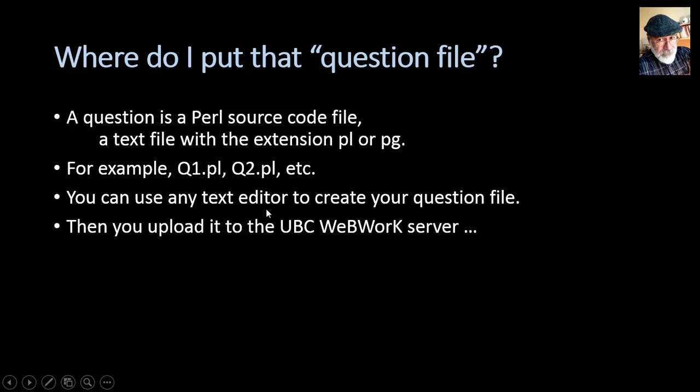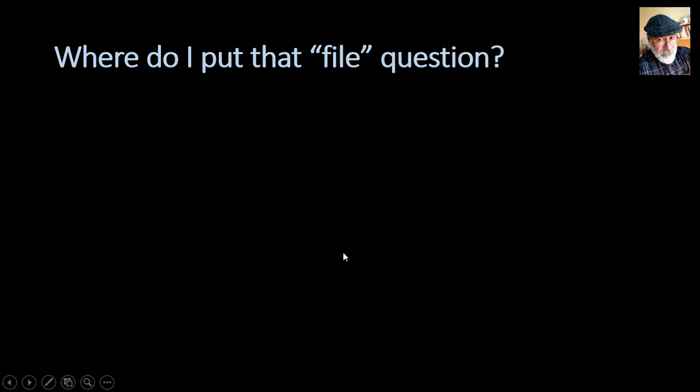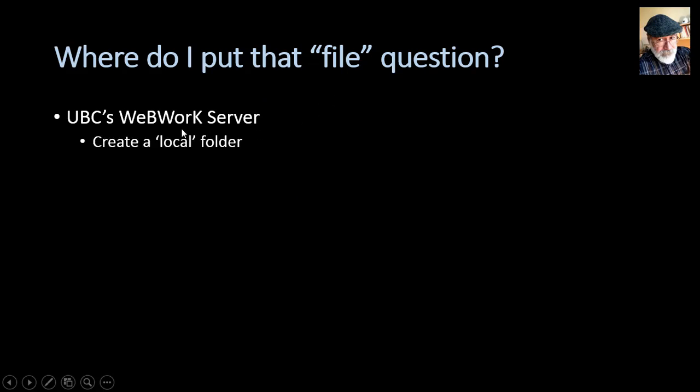Once you have written that text file, that .pl file, you upload it to the UBC WeBWorK server. What? Where? How? Okay, let me see. Where are you going to put that question file? In the server of WeBWorK at UBC. You go there and you are given a directory for your course.